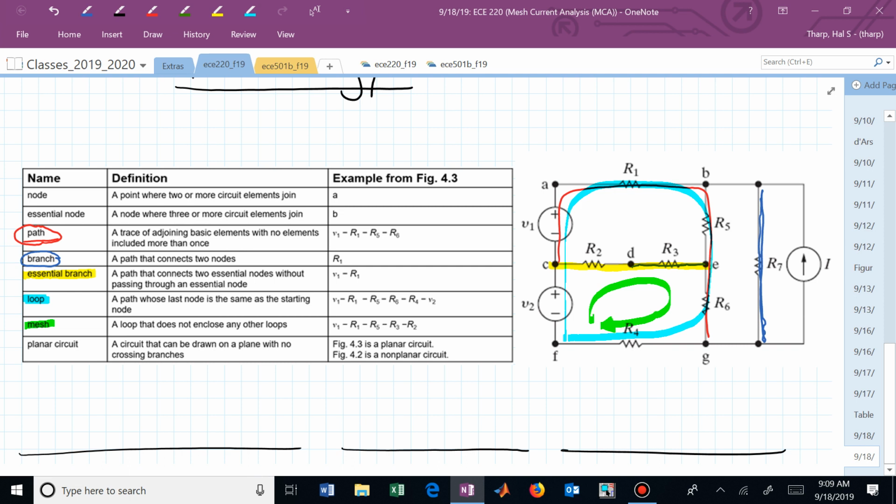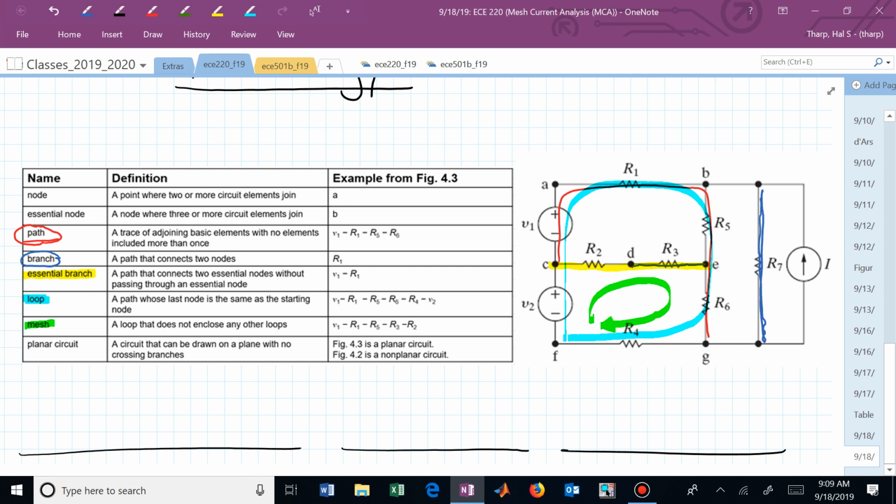It goes through R1, R5, R6, R4, and it goes through V2. So it ends up at the base of V1. So it's starting and stopping at the same place, even though the notation doesn't look like it's coming back and reaching its tail. It is. So it's starting at V1 and going all the way around through V2 up to the head of V2, which is the tail of V1. Does that help answer your question?